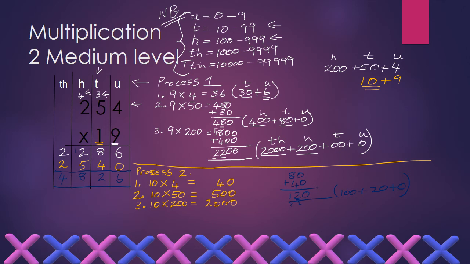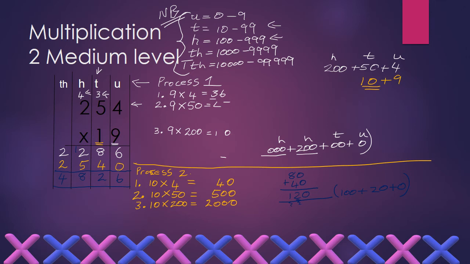Now, I just want to show you a little trick here. Just want to get rid of some of this extra work that we did here, and I'm going to show you how you can actually delete all of that and all of this. Oops, got carried away there. And I'm going to show you how these two processes, process 1 and process 2, can really help us.